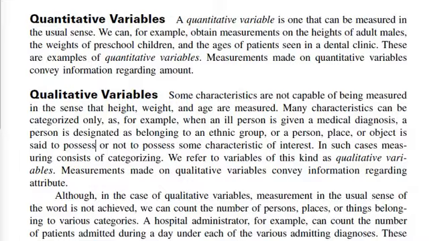In such cases, measuring consists of categorizing. We refer to variables of this kind as qualitative variables. Measurements made on qualitative variables convey information regarding attribute.